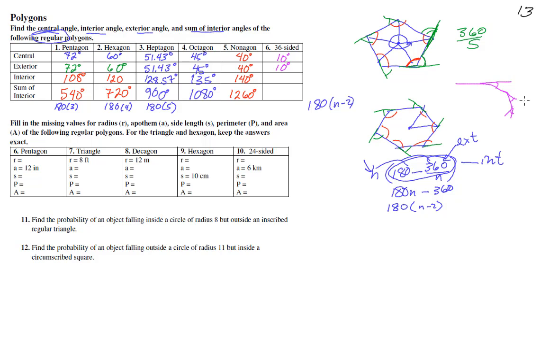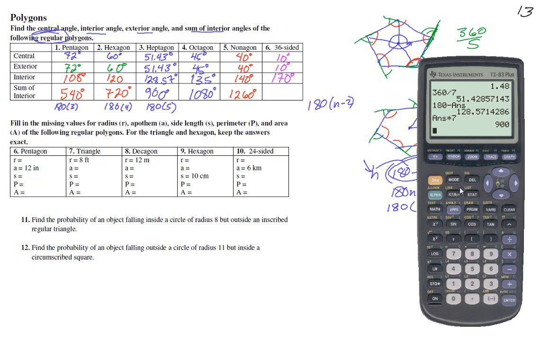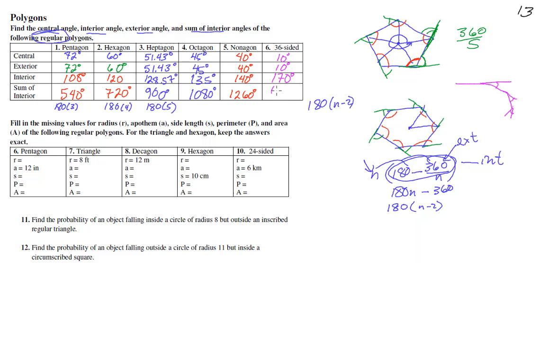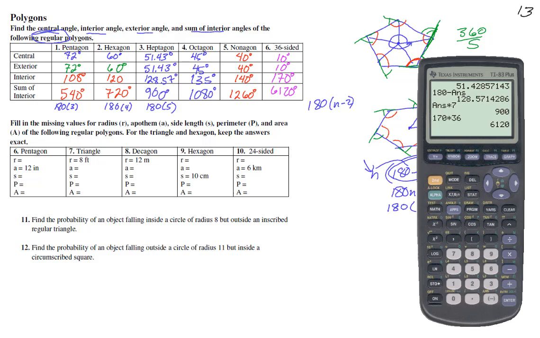So you're going to go all the way around that 36-sided figure, but it takes 36 of them, so they're only 10 degrees apiece. The interior then has to be 170. So we can take 170 times 36, and that will sum them all up to 6120. But notice we could have also used this formula, 180 times 34, and that will always work, 6120.